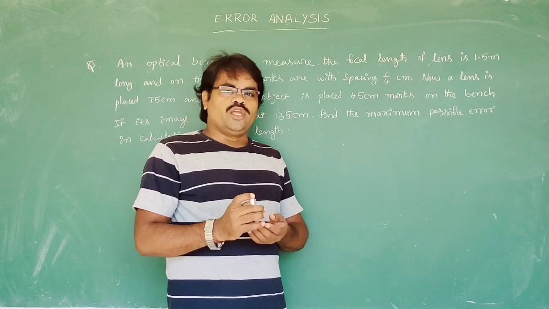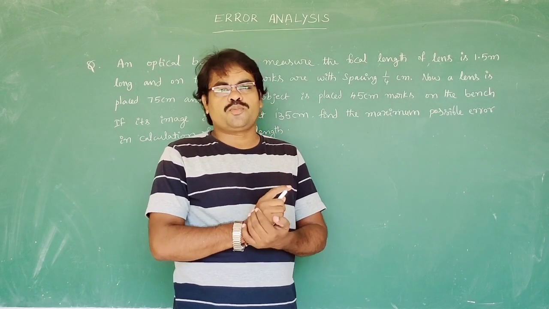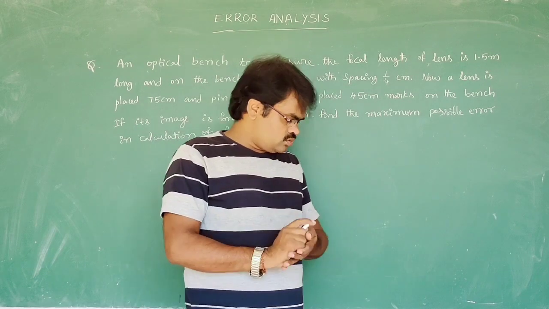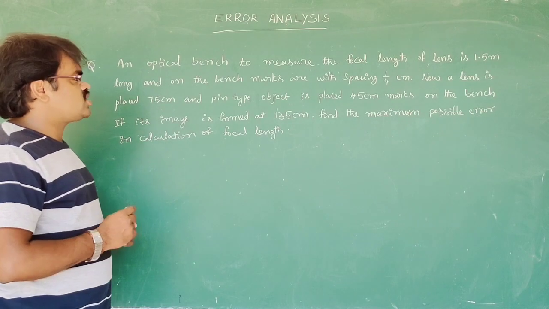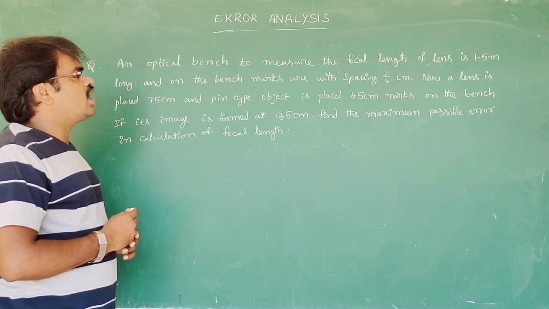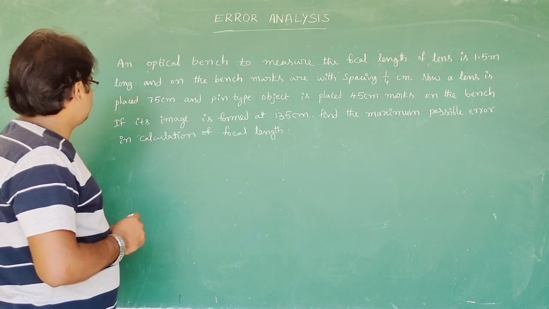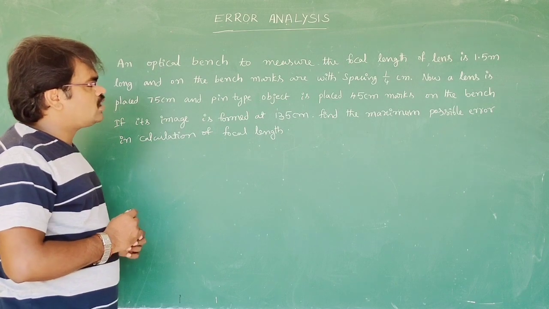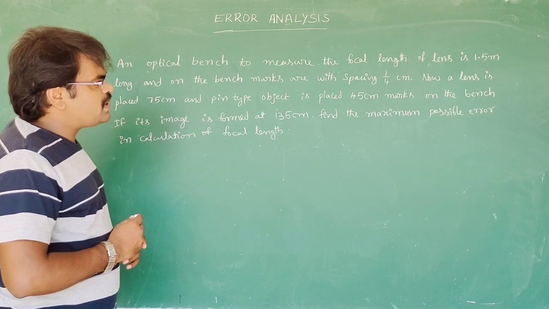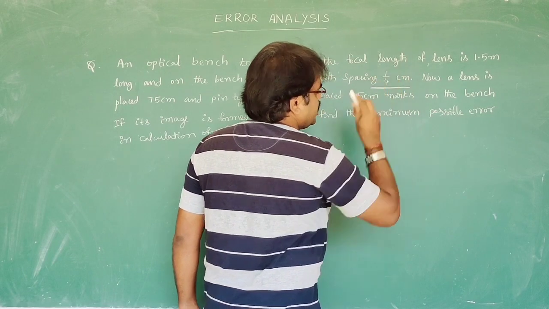Today we are going to discuss previous year's advanced problems. Now the problem on board: an optical bench to measure the focal length of a lens is 1.5 meter long, and the bench marks are with spacing 1/4 centimeter.